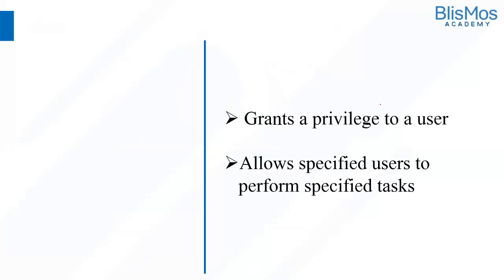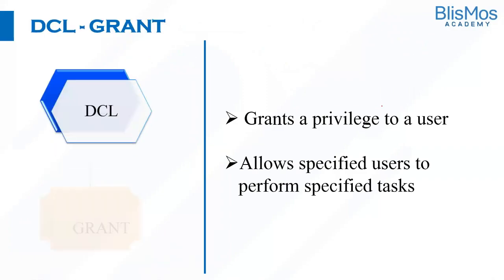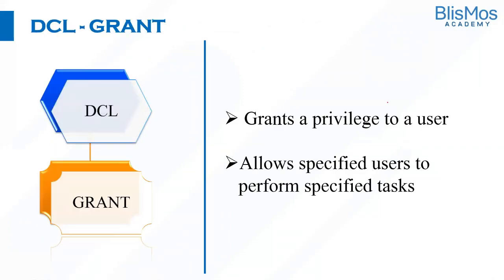What exactly is a grant? Very simple. Through grant, we grant a privilege to a user. When we talk about a privilege, we are talking about whether a particular user can access a database or not, or whether they can create a table or not.